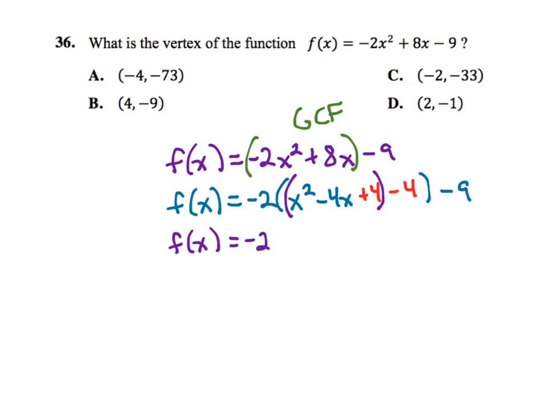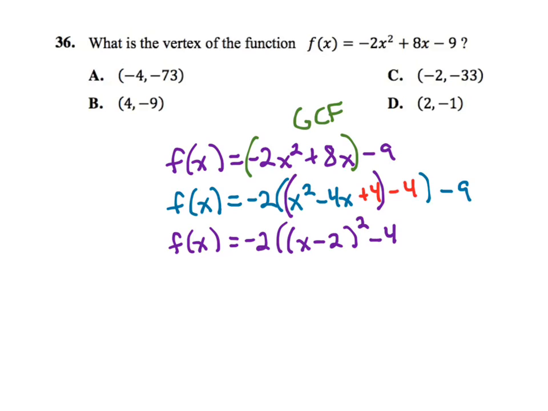So I'll have f of x equals negative 2 times, well, what is this as a binomial squared? Square root of x squared is x, square root of 4 is 2. I need that 2 to be subtracted in order to get a negative 4 in the middle. So I will have x minus 2 squared, because if I square this, I will get that trinomial.